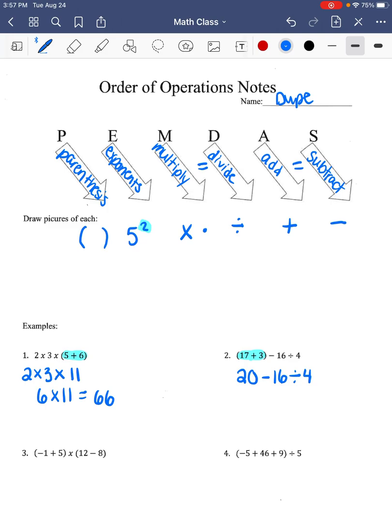Division comes before subtraction. So we're going to take care of our 16 divided by 4, which is 4. Now we have 20 minus 4, which ends up being 16.